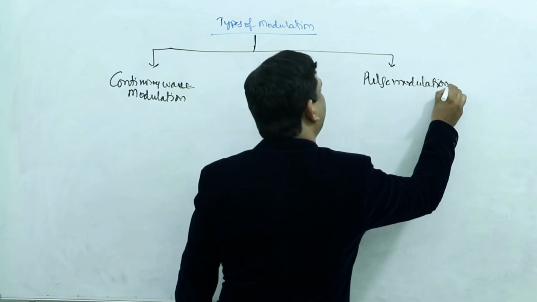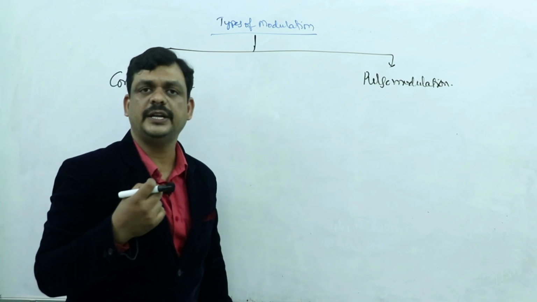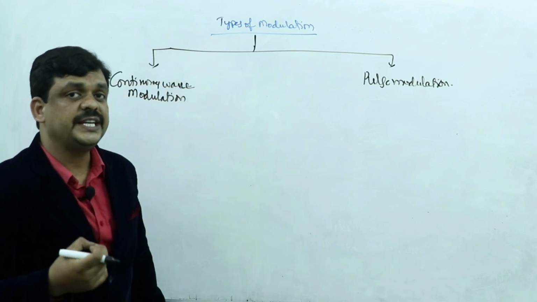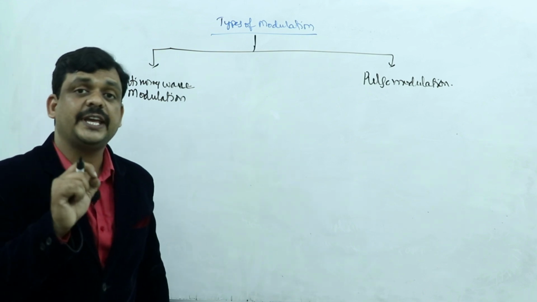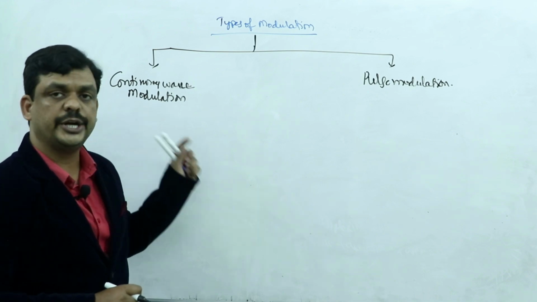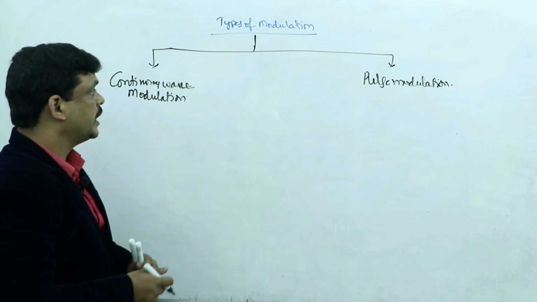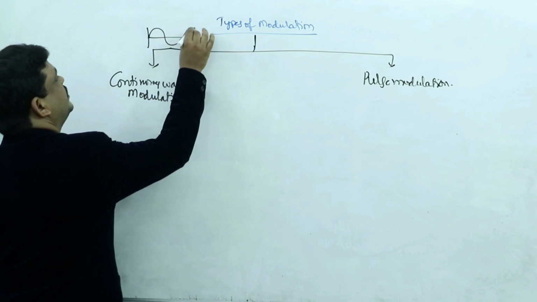Just now I have explained the modulation process is the process of changing the characteristic parameter of the carrier signal. If the carrier signal is a continuous wave signal, then the modulation process is called continuous wave modulation. A continuous wave signal should be like this. Let us assume one sinusoidal signal.